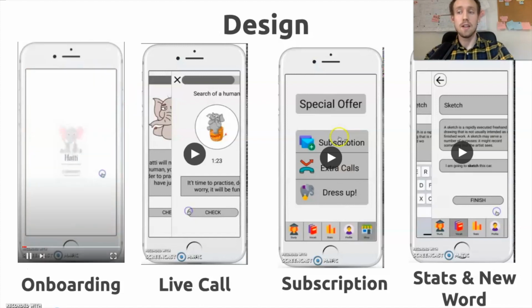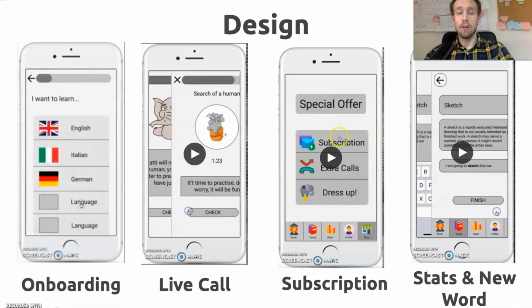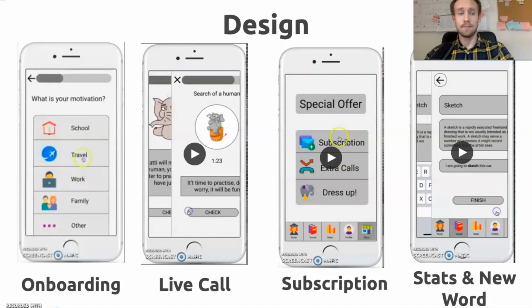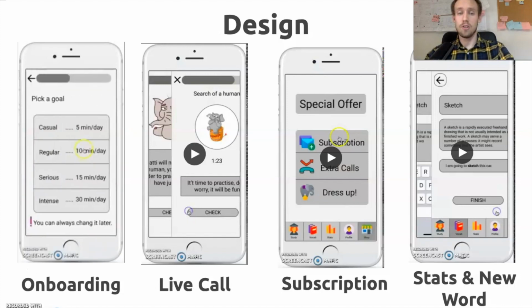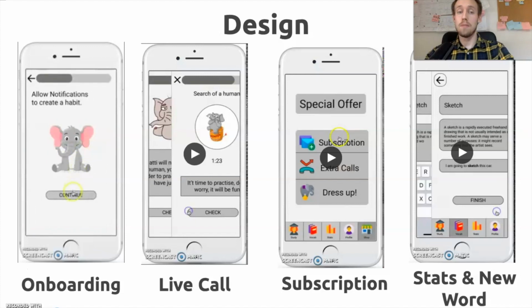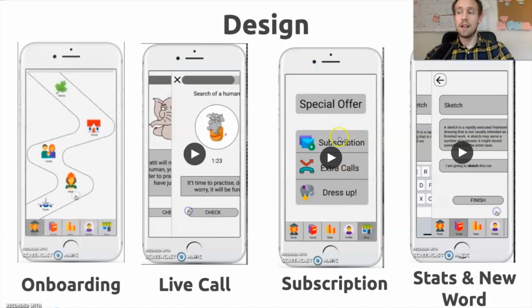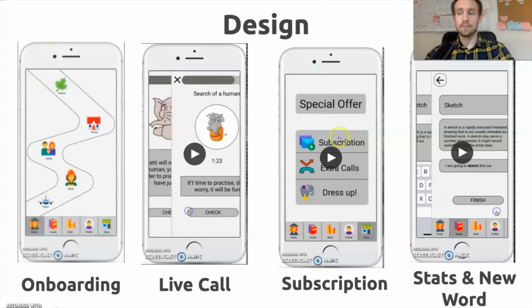As you can see here, there are again 4 major tasks. We go through swift onboarding, which asks again for motivation, how many minutes a day, notifications, and then asks the users for their name, email, and creating the account. We land on a study page.